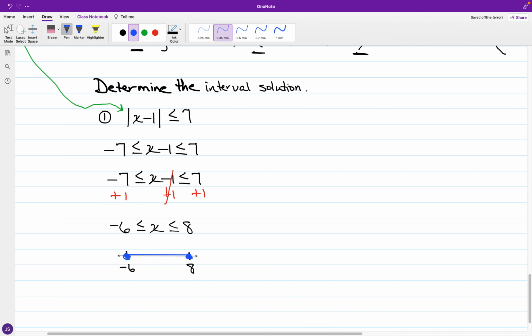And everything else in between is also in the mix. So for the interval solution, we're going from and including negative 6 up to and also including the value of 8. So in this case, we're going to have a closed interval as denoted by brackets that will contain negative 6 and 8.